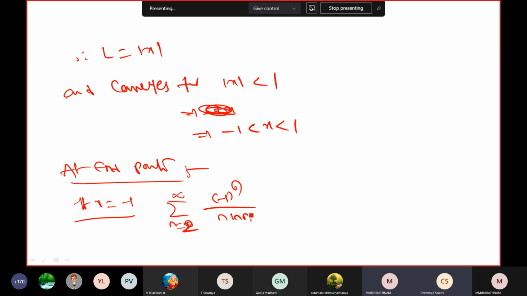Can you tell which is convergent or divergent? Convergent, sir. Absolutely convergent or divergent? No, sir, not absolutely convergent. Why?